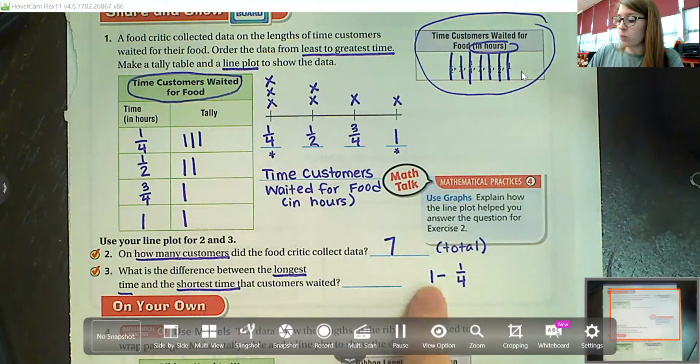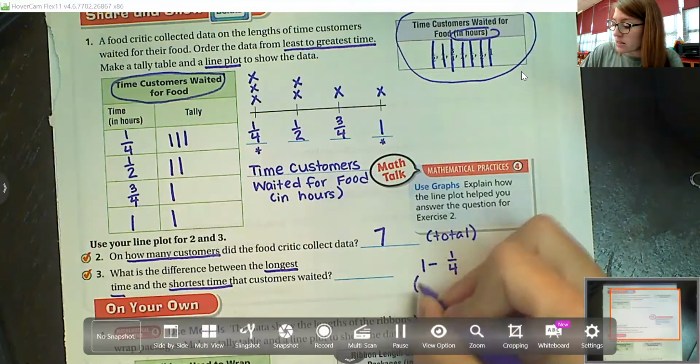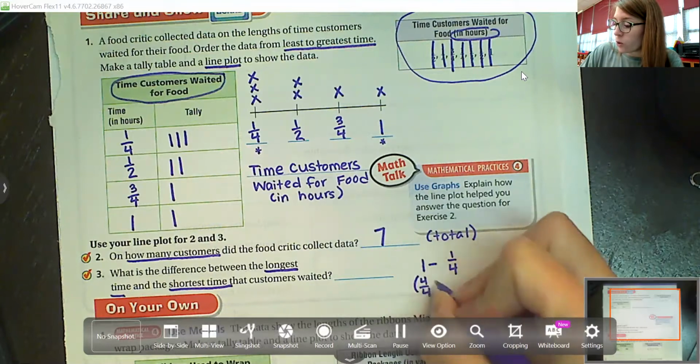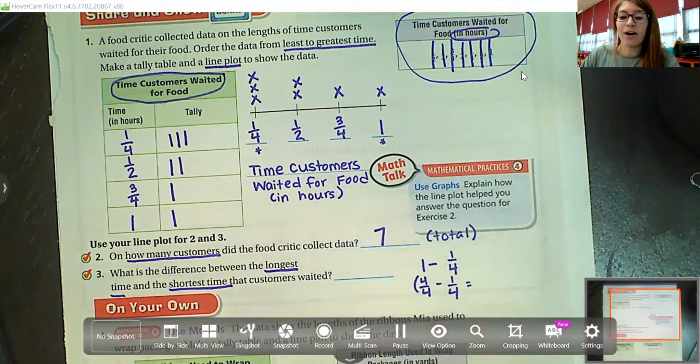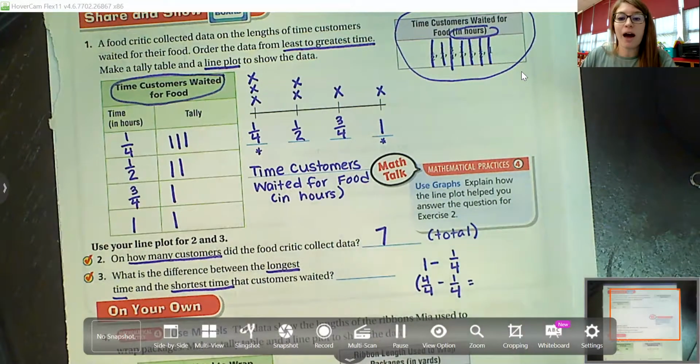Now, there's a better way that we can write this to make it a little bit easier, right? How can I write 1 whole as a fraction with a denominator of 4? Very good. I can rewrite that as 4/4 minus 1/4. All righty. So 4/4 minus 1/4 gives me how much?